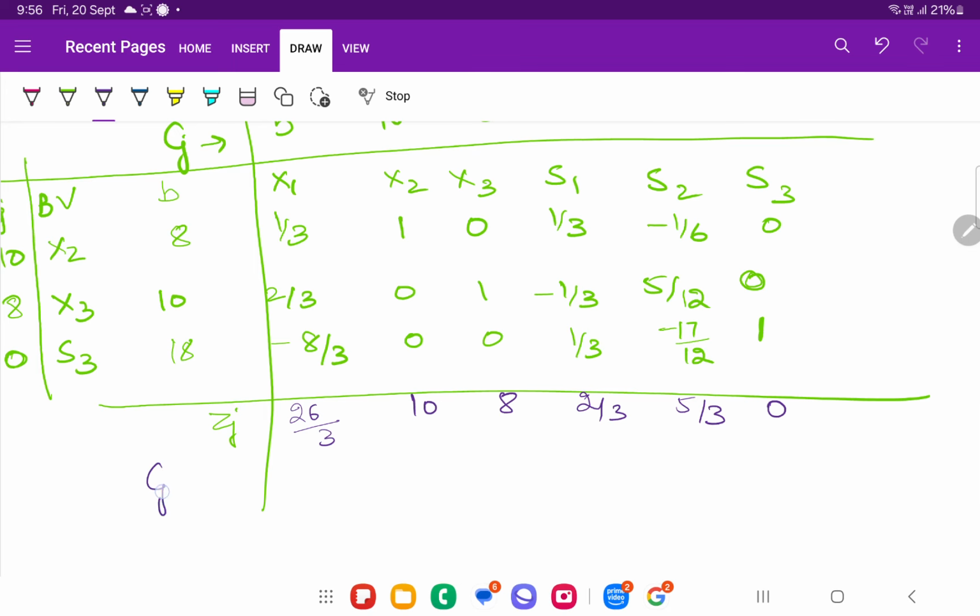Now again I will write Cj minus Zj, which will be minus 11 by 3, 0, 0, minus 2 by 3, minus 5 by 3 and 0.